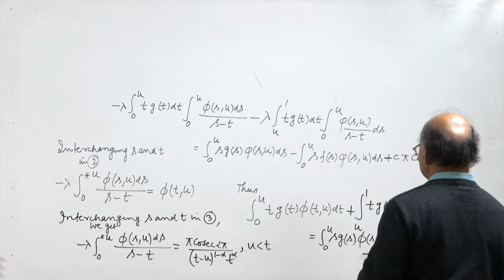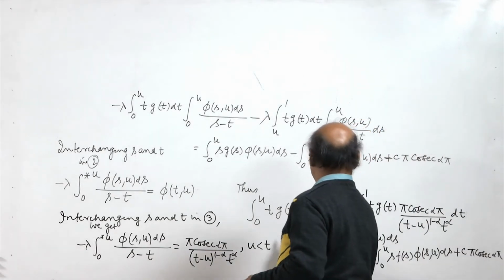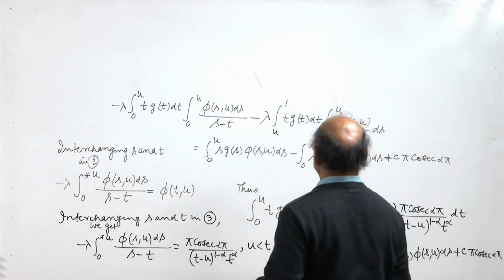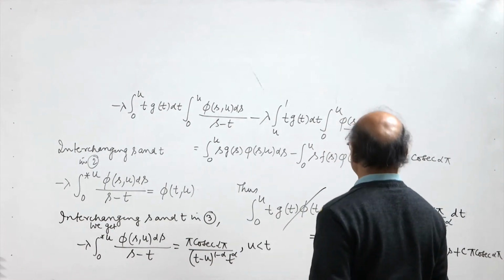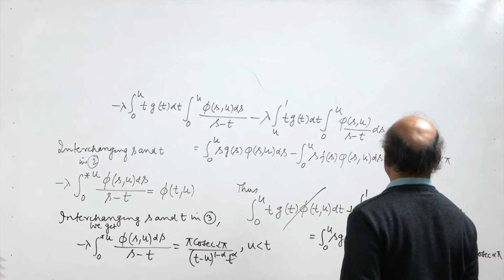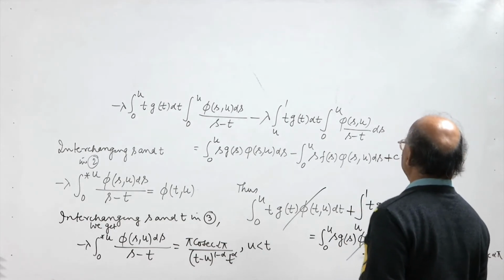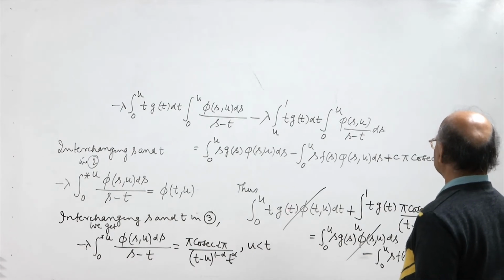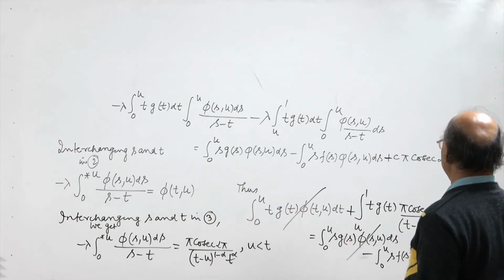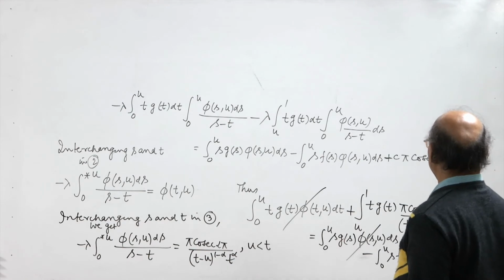Now, let us see this first term and this first term, they cancel. Only change is in the variable of integration. Here we have t, here we have the variable of integration s. So, in a definite integral the variable of integration does not matter. So, this integral has the same value as this integral, and therefore, they cancel out.